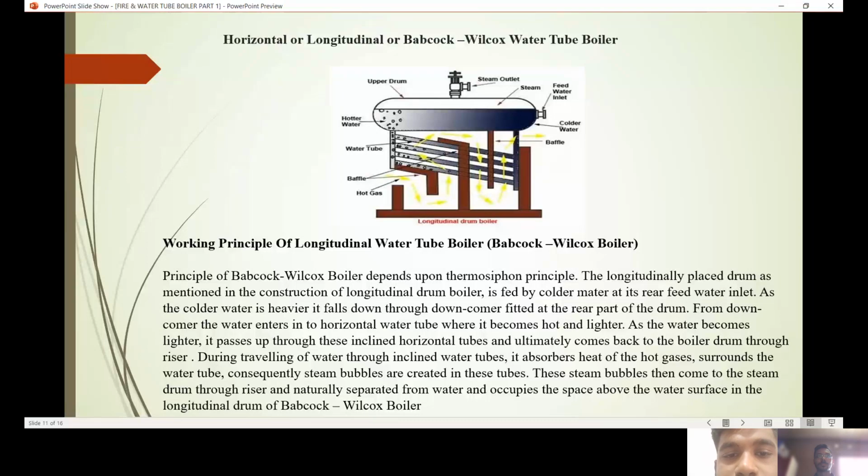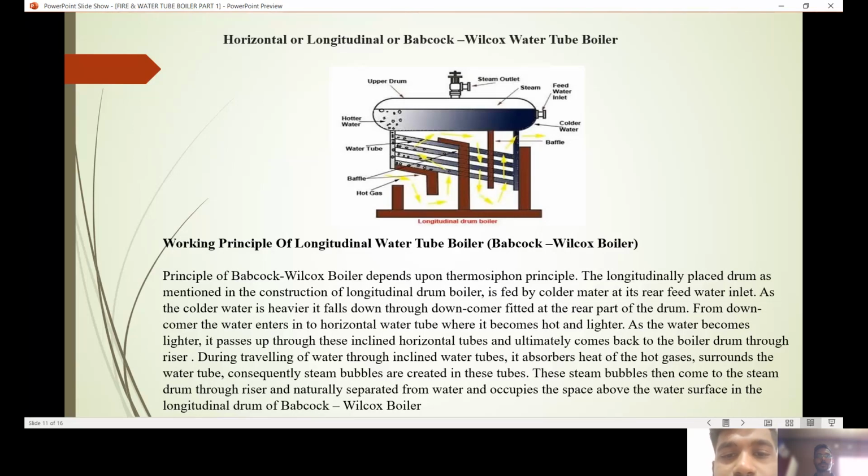From the downcomer, the water enters into a horizontal water tube where it becomes hot and lighter. As the water becomes lighter, it passes up through these inclined horizontal tubes and ultimately comes back to the boiler drum through the riser.